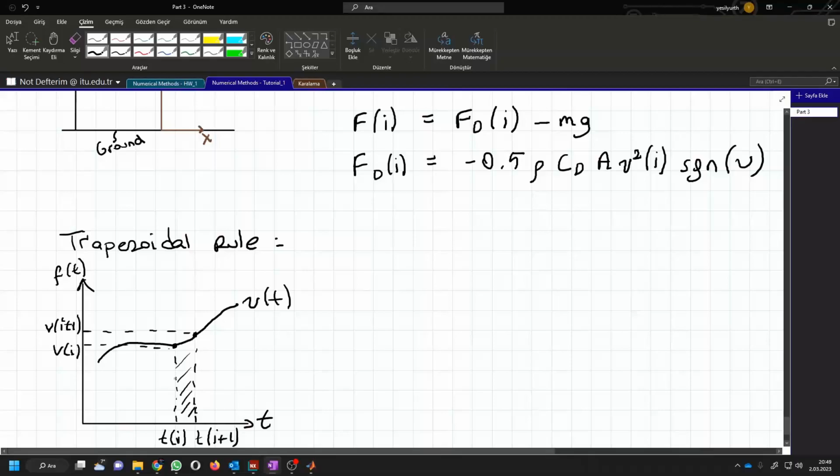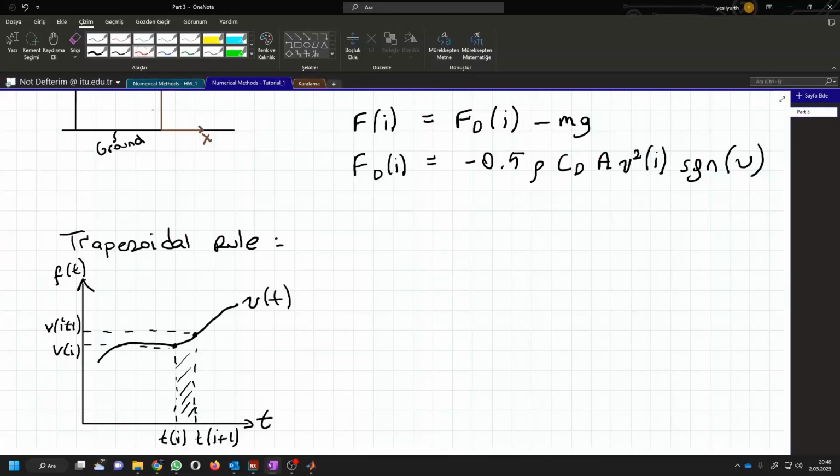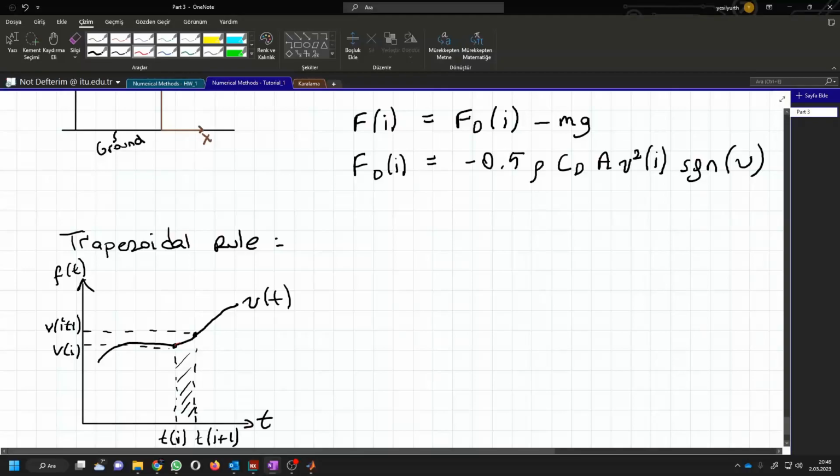But if the difference between those two consecutive points is sufficiently small, we can approximate this curvy area like a trapezoid, right? So how to calculate this trapezoid's area?